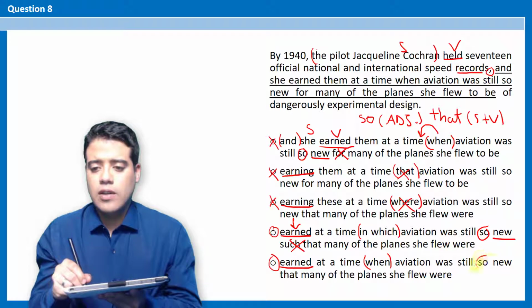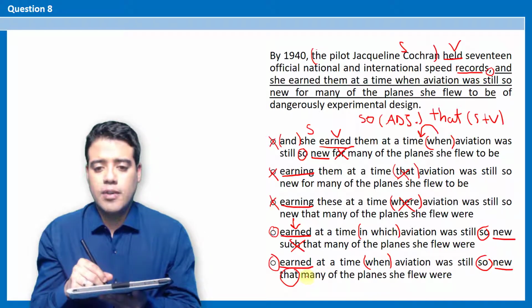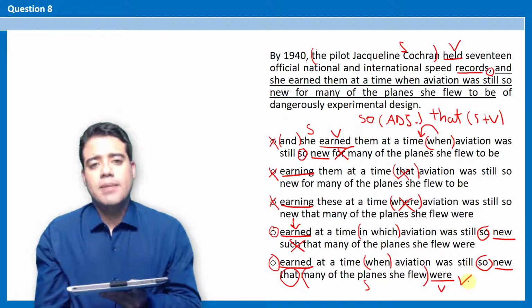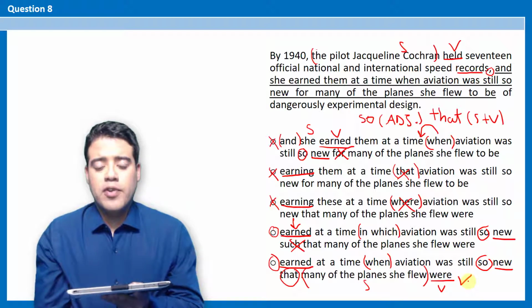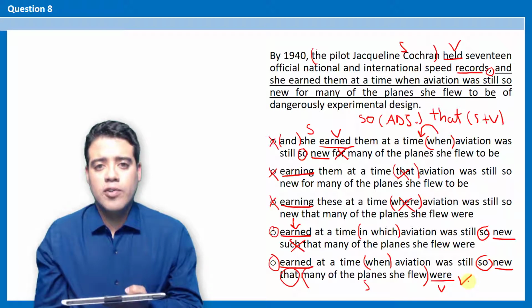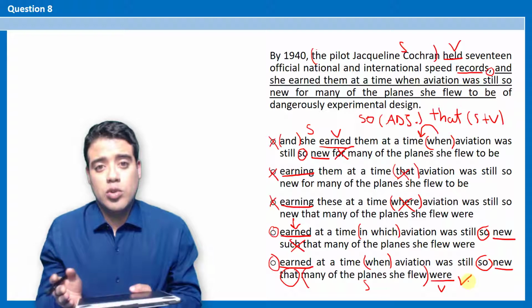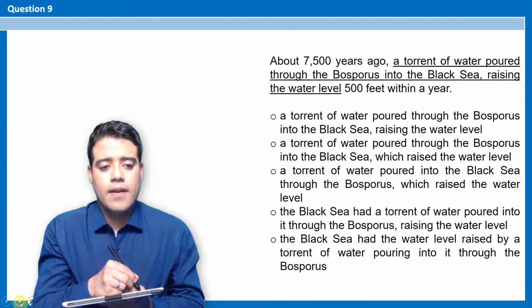You need so new that subject verb. The subject is many of the planes she flew were. Subject verb. So E is the best possible choice. Okay, so again, you prefer to use a modifier rather than another clause, simply because modifiers are more concise, shorter. Okay. Number 10.